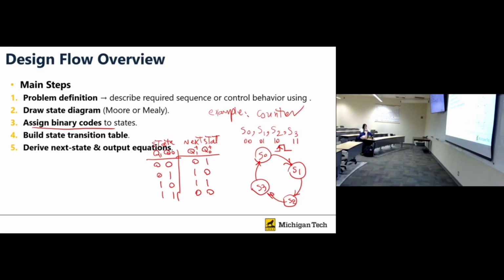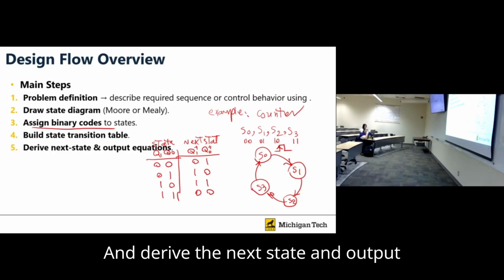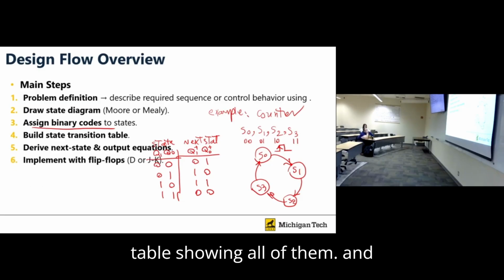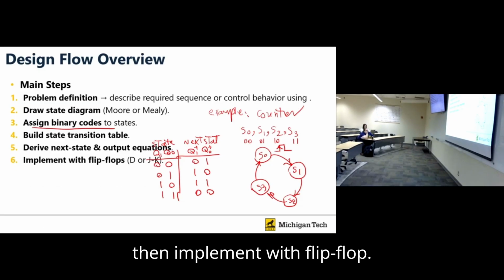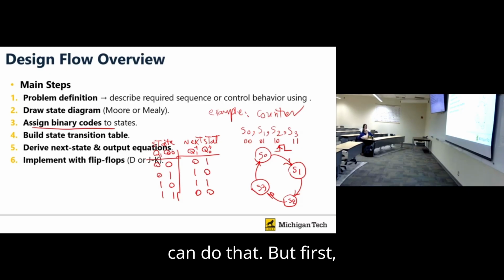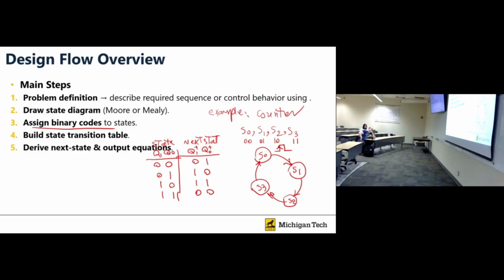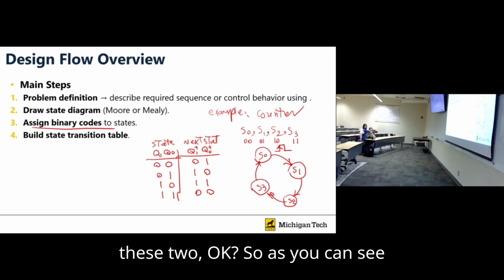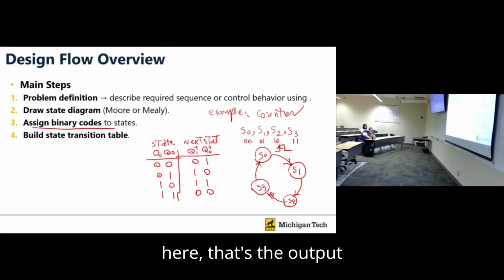And derive the next state and output equations. Here is the table showing all of them, and then implement with flip-flops. But first we need to find the relationship between these two. Okay, as you can see here, that's the output part.